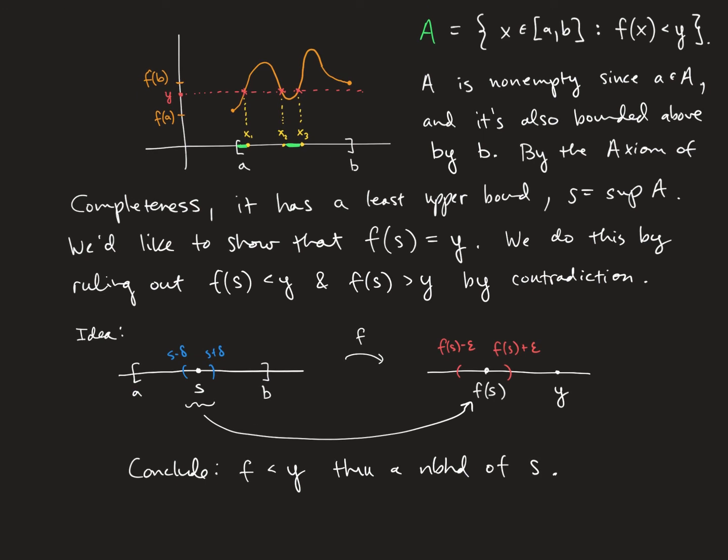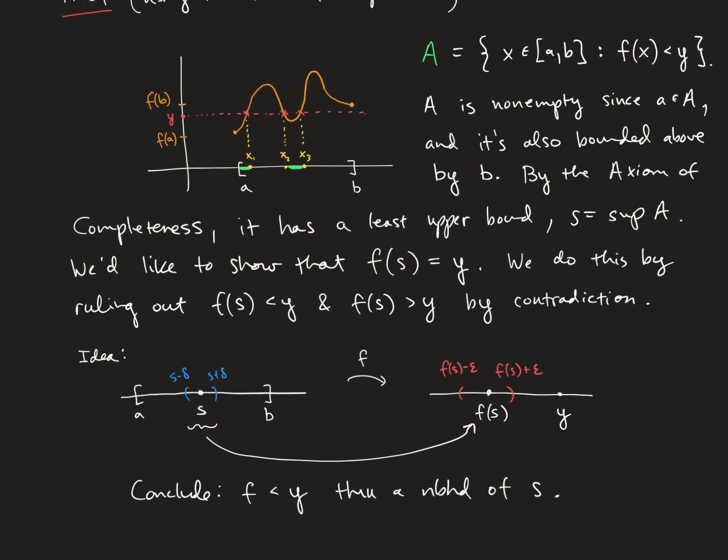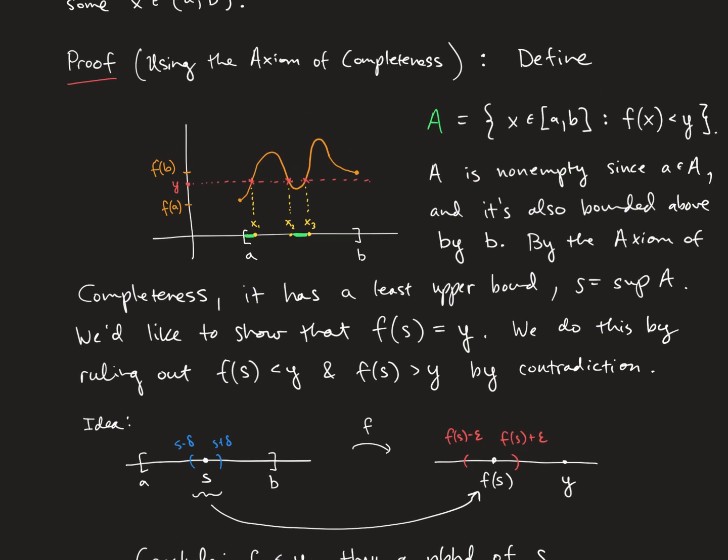But what's the problem with that? That would mean that in this neighborhood of s, those are all points of A, right?